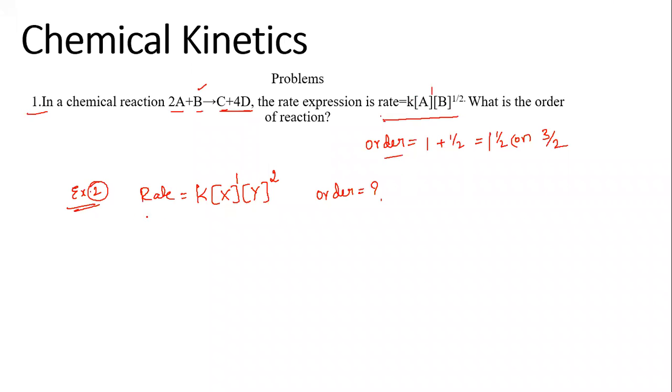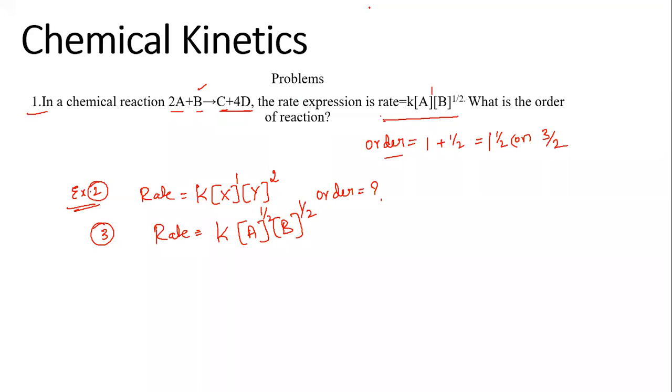And one more example I'm going to give. Third one: if rate of a reaction is K into, say for example, [A] into [B], with powers 1 by 2 and 1 by 2. Okay, what is the order of this reaction?